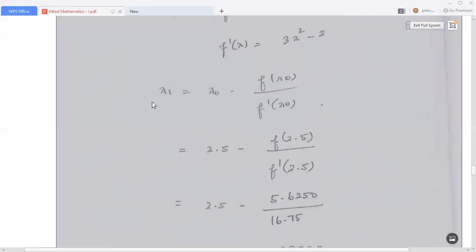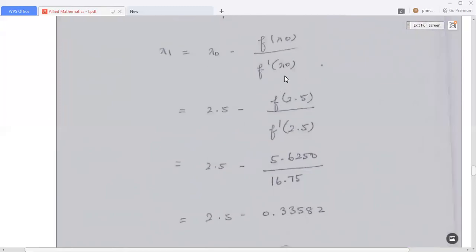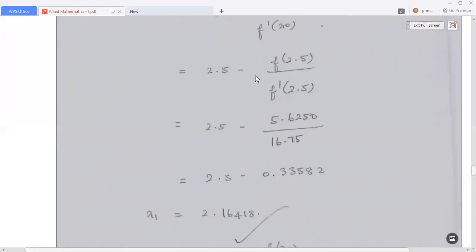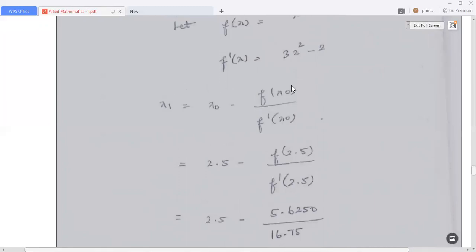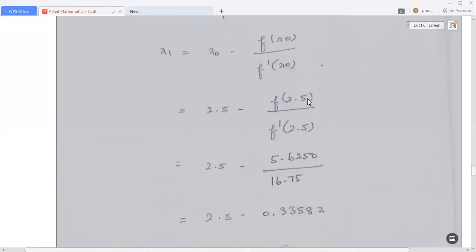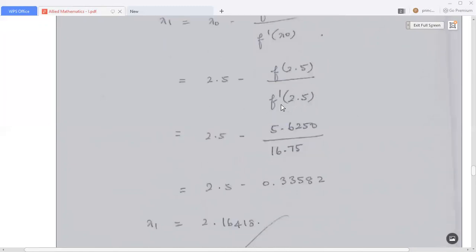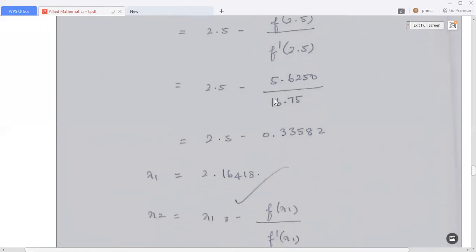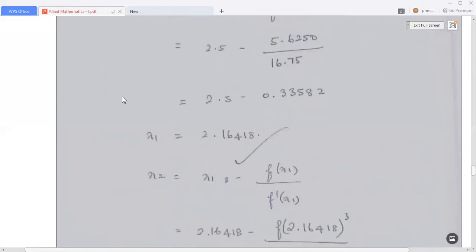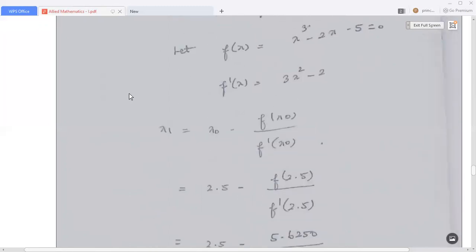Here we calculate the first approximation x1. Here x1 is equal to x0 minus f of x0 by f dash of x0. To find the x1 value, we need the x0 value, that is to be substituted in this expression. Here we calculate f of 2.5, f dash of 2.5, then they have to be substituted here. Here finally we get the x1 value.